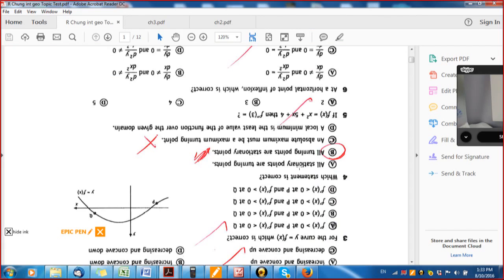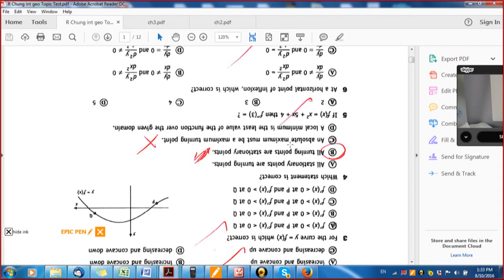Is that true? Yes, true, that's right. So maximum and minimum are also stationary points, but there's also another type of stationary point, which isn't a turning point, which is a horizontal point of inflection. And then there's part C.